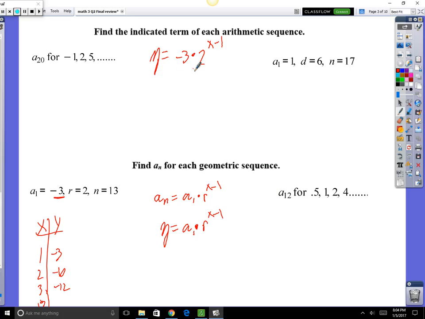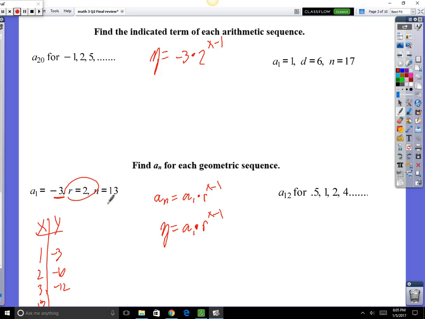Okay, now you cannot times these together, because if you times these together, that means it's going to be a negative 6 to the x minus 1, and that means you're timesing every time by 6, and you're not. You're timesing every time by 2, so do not ever times these together. You've got to do, please excuse my dear Aunt Sally, you have to do exponents first. So you have to do the exponents first before you can do the times.